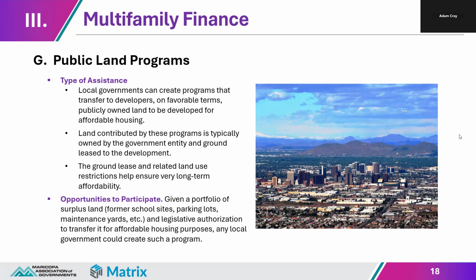And so, you're only owning the ground, but what that allows you to do as a government is ensure affordability forever, essentially. You've got a ground lease in place, you've got a LURA in place, you've got these requirements for affordability levels, and to the extent that a developer doesn't comply, you're able to step in and require them to, essentially.